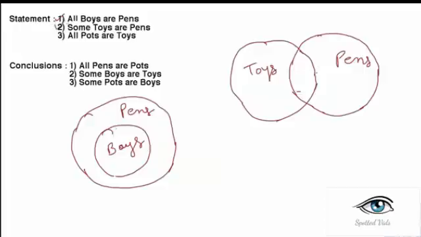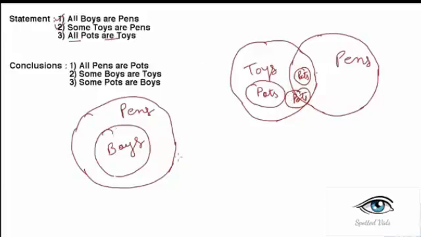So it's done. And all pots are toys. All the pots are toys. So there is a possibility that the circle pot is here, or it can be here, or it can be something like this here. So these are our possibilities.